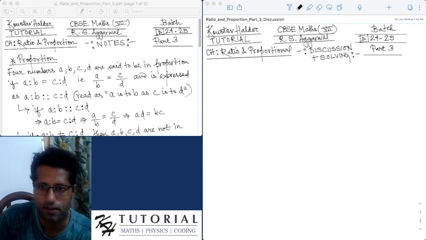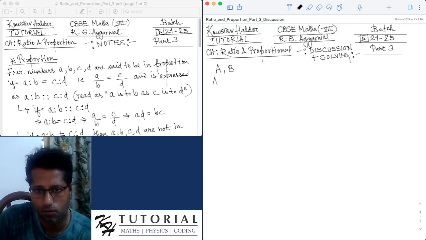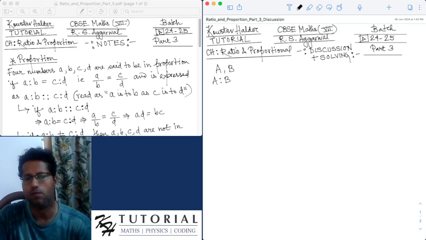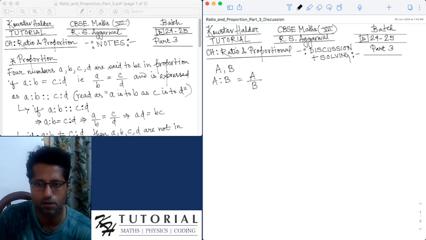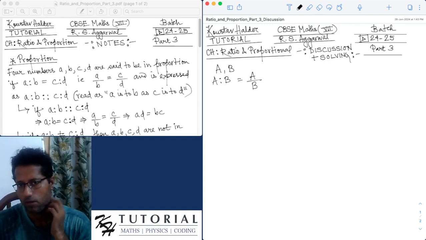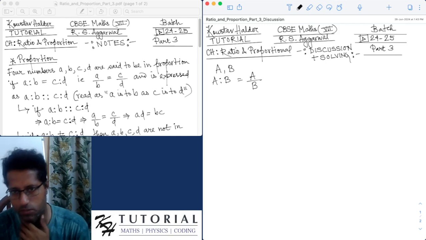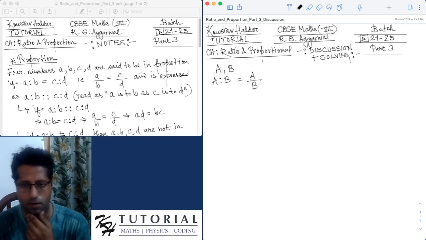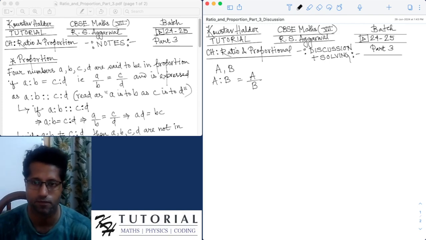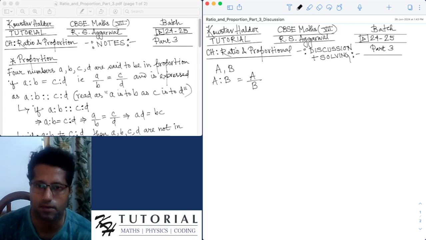We know that a is to b means the ratio between a and b, which is nothing but the quantity a divided by the quantity b. So this is a fraction. We know the ratio is of two quantities of the same kind and of the same unit. The quantities a and b must be of the same kind, and they must be in the same unit.